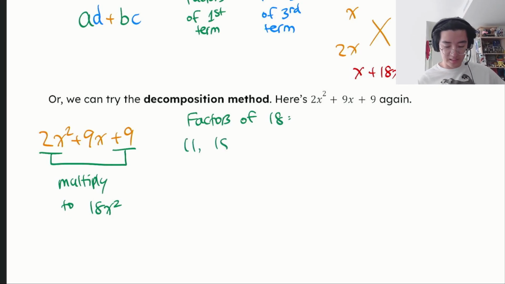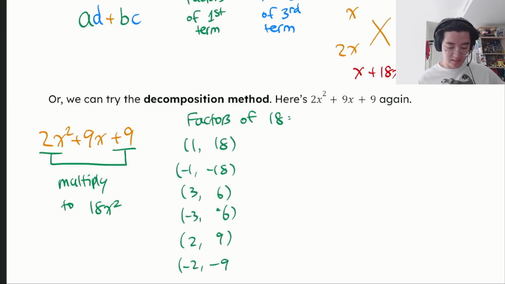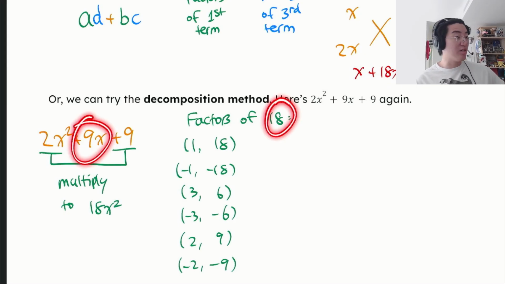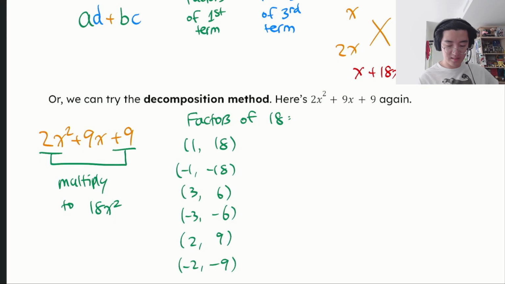Right, so once again, just like our last lesson, we list out all the factors. Of course, not forgetting about the negatives. And as you can imagine, what's our next step, right? We find the two numbers that multiply to 18, but add up to 9, which in this case is this one.